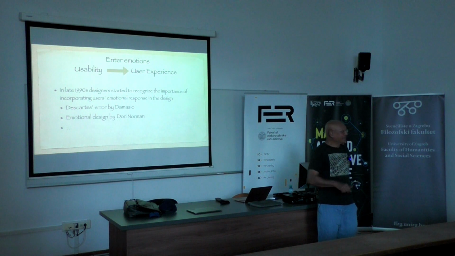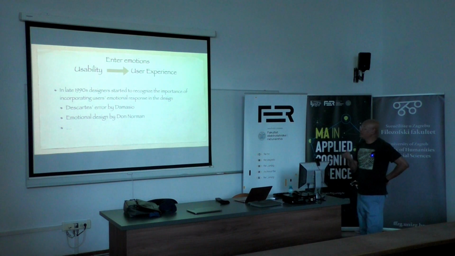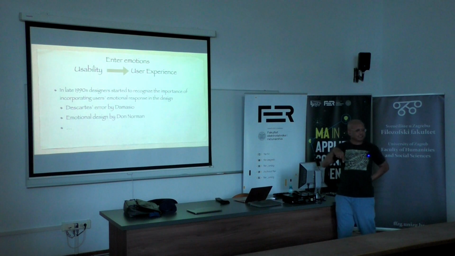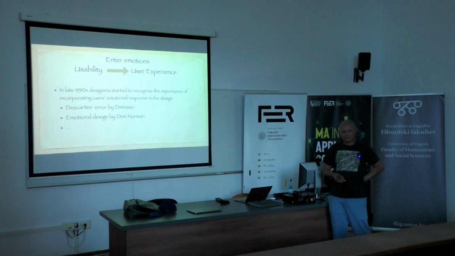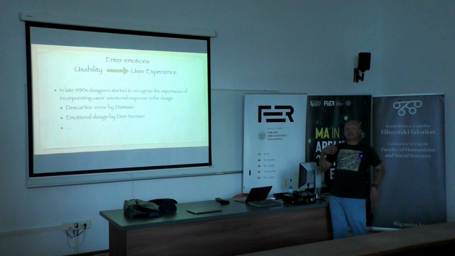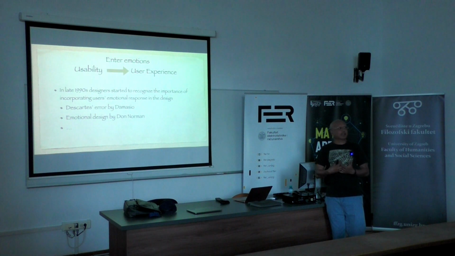Well, maybe. So what happened basically? The book, The Design of Everyday Things, was written around the 1970s or 80s. But in the 1990s, there was a big movement towards recognizing emotions.